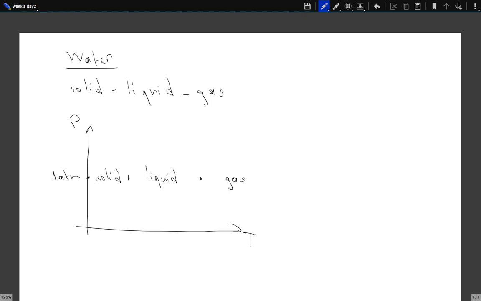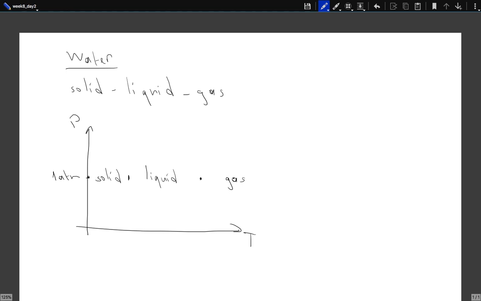At a given pressure. Now, depending on the pressure, this behavior changes. So, for example, if you increase the pressure, our common experience tells us that at a given temperature, the gas phase becomes liquid. Or if you lower the pressure, liquid becomes gas.